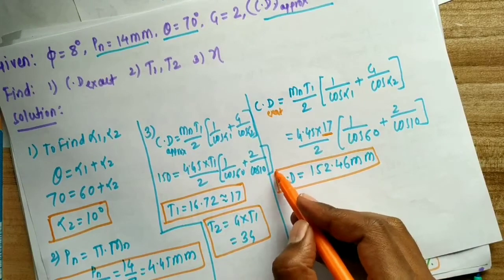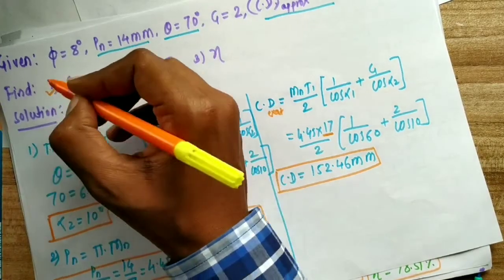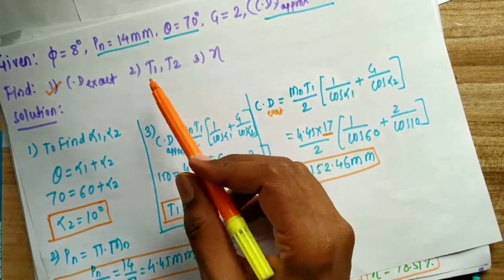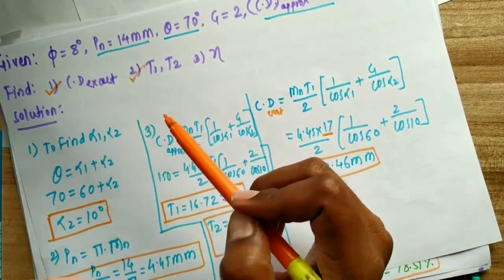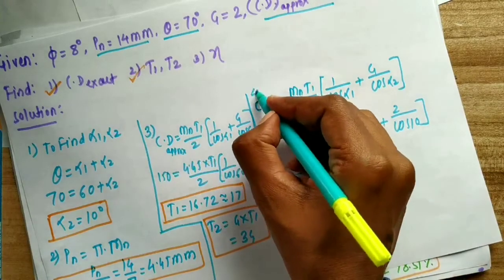Now once I get CD, I get the first answer. T1, T2 are already known, meaning exact CD is found. Then I found T1, T2. Remaining is only the efficiency, and for efficiency it is very simple, I'll write it as the fourth one.